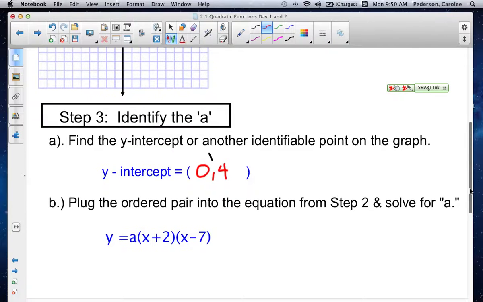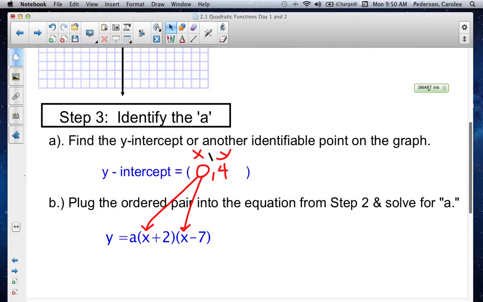All right. So this represents the x in the equation. This represents the y in the equation. So in part B, we're going to substitute that 0 and 4 into the blue equation. So my 0 is going to go right here and right there. And then my y, which is 4, is going to go right in there. Give me some time to write that down.